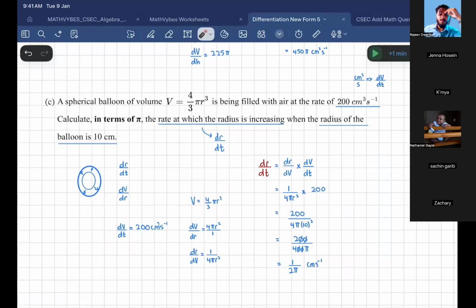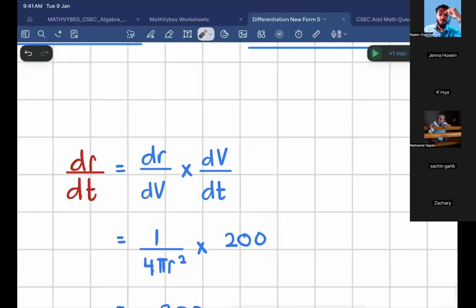What are they asking me to find, Jenna? The rate at which the radius is increasing. So dr/dt. Yes, dr/dt. So I'm going to put that down here. Jenna, if I want to get dr/dt, then I must have dr over here, and I must have dt over here.